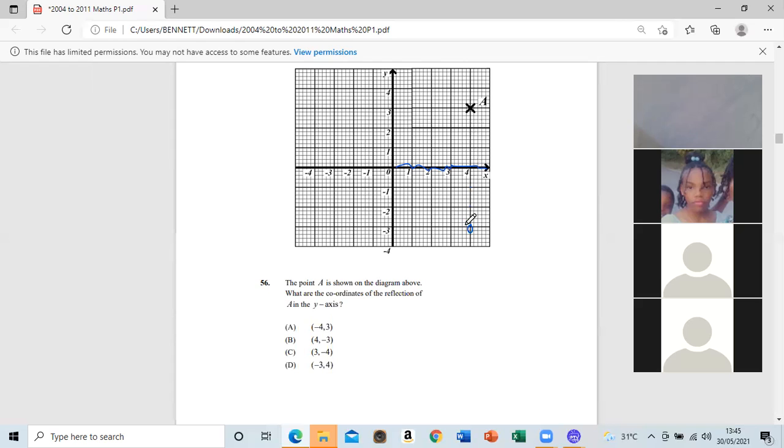So it's going to be right here, and then we read off the coordinate. This would be 4, -3, because the reflection is down here, so it's negative 3. So it's 4, -3. I'm sure you can read coordinates. Good job, guys.